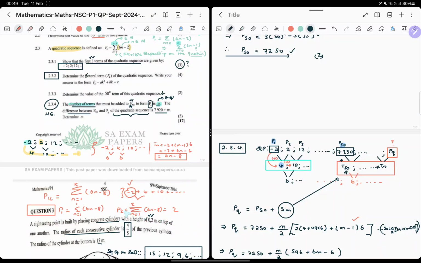P3 is going to be the sigma from n equals 1 to 3 of 6n minus 8. Remember, we put the sum of the first 3 terms. Minus 2 plus 4 gives us 2. 2 plus 10, that's a 12. Can you see that's that term right there?